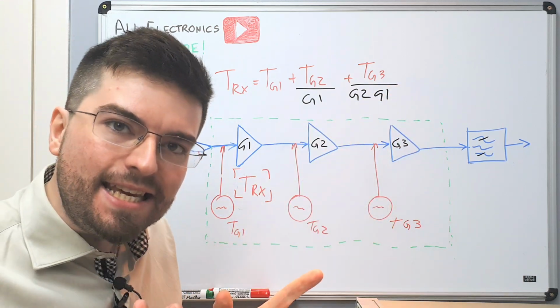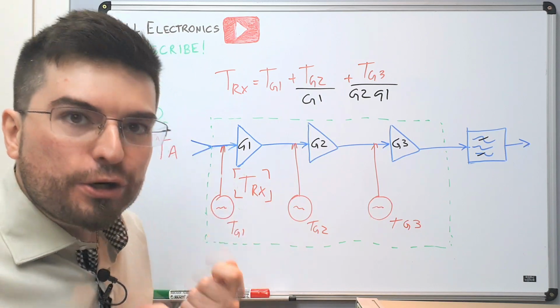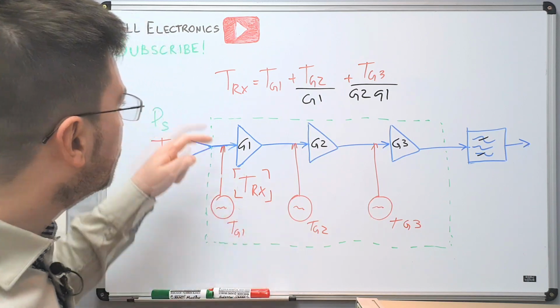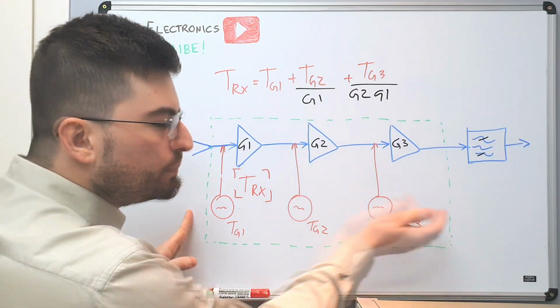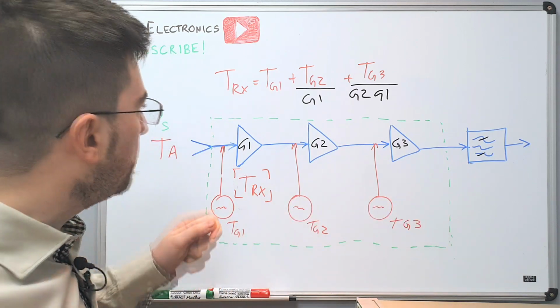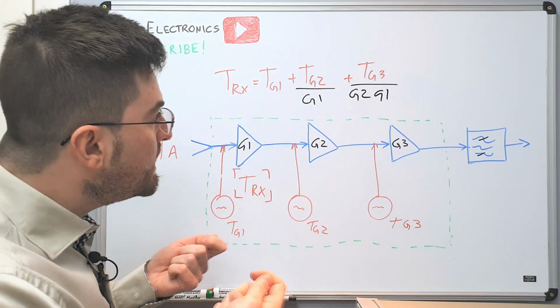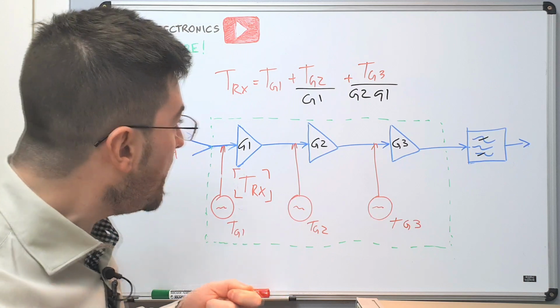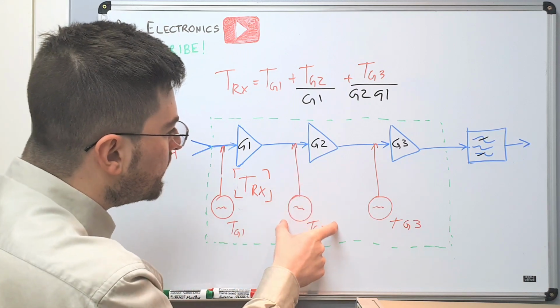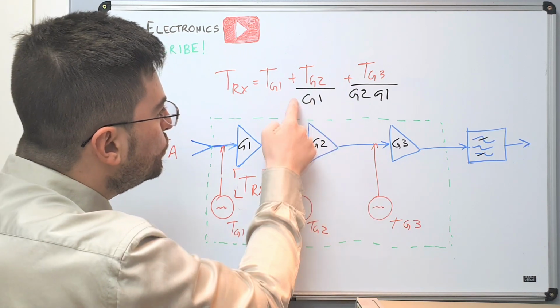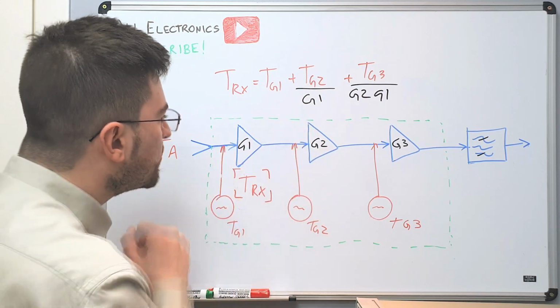So now we see that the major contribution for the noise temperature of this block here is the noise temperature of the first amplifier. And this becomes very clear when we think about noise temperatures. The contribution of the second amplifier noise is reduced by the gain of the first amplifier.